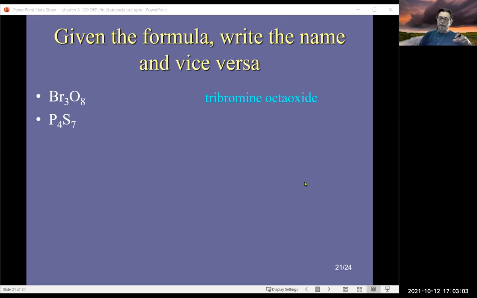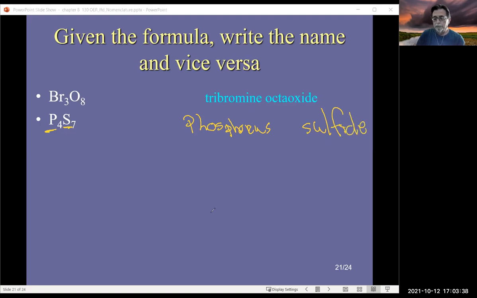Here we got phosphorus and sulfur, which will be sulfide. I know this can be confusing, but note the trend. The central atom is always written first, followed by whatever is bonded to the central atom. And so here, the parent name would be phosphorus sulfide.